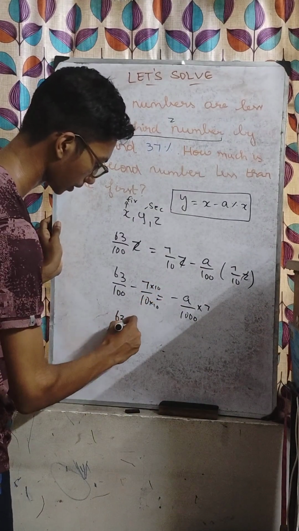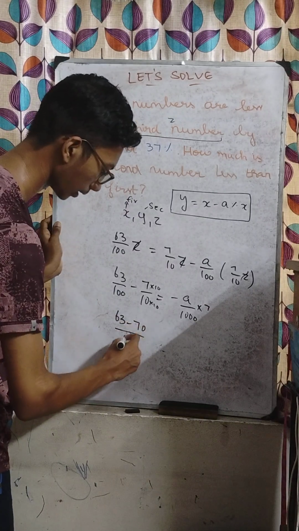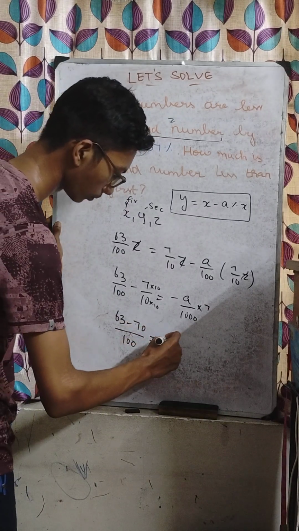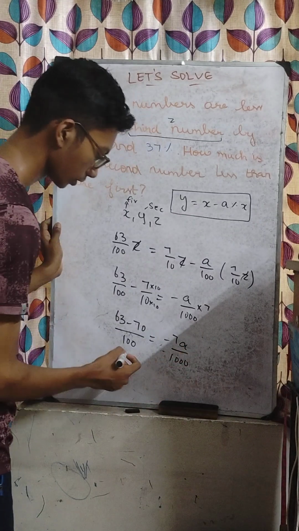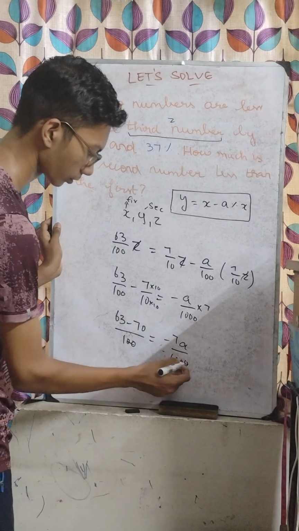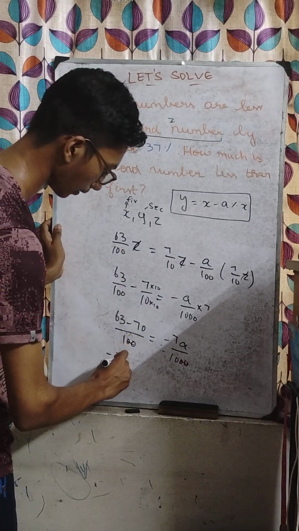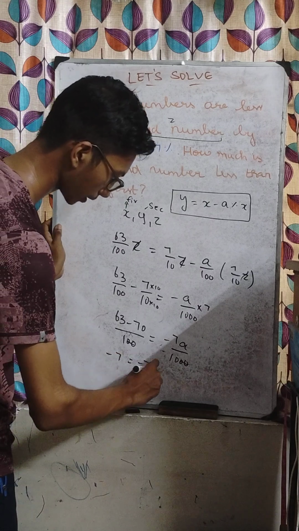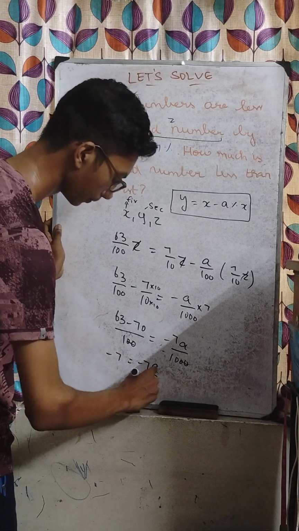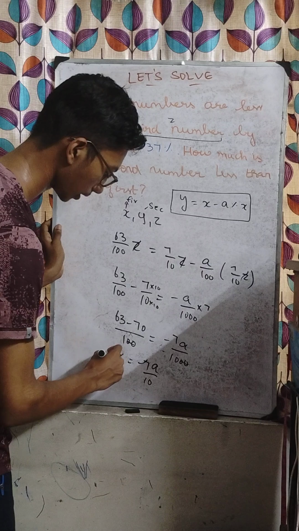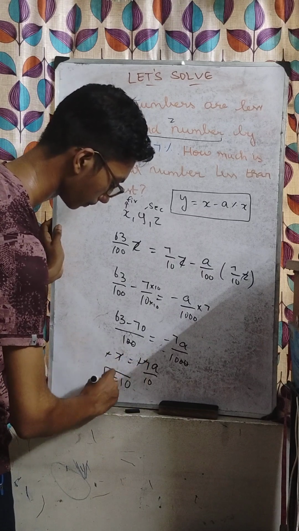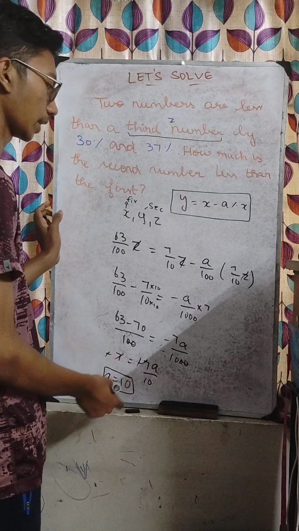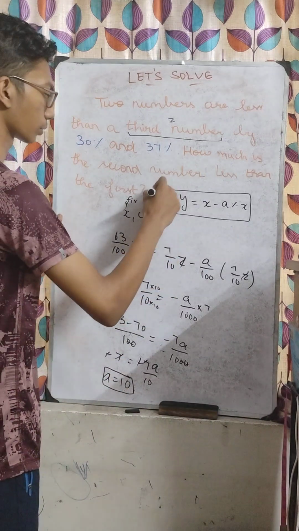So we have 63 minus 70 by 100 equal to minus 7a by 1000. We can cancel these two zeros. So we have minus 7 equal to minus 7a by 10. Cancel the 7 and the minus, and we have a equal to 10. So this is the answer we got for this question.